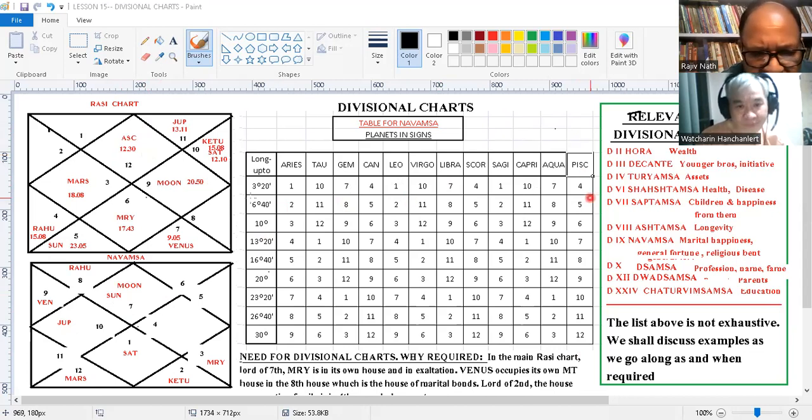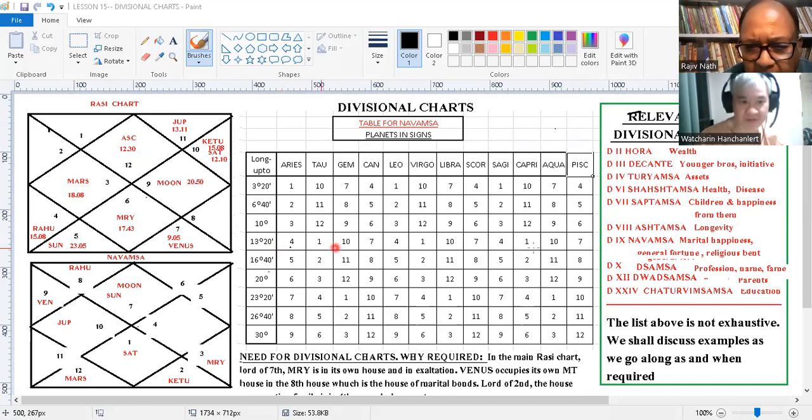See, these are the degrees given here: 3 degrees 20 minutes, then 3 20 to 6 40, 6 40 to 10, and then 10 to 13 20. 13 20 is over here. So 10 is over, which means the Navamsa Lagna falls between 10 and 13 20.